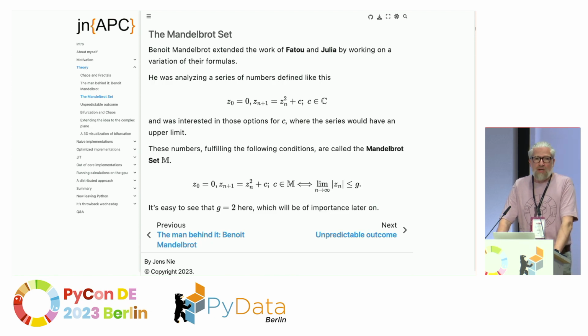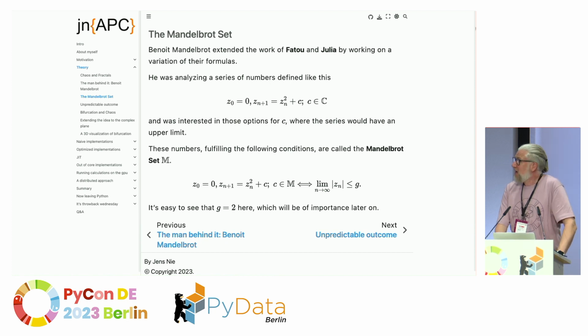And he was using that new interpretation based on the work of Fatou and Julia, using the coordinates in the complex plane for that specific number to add to that formula. So all these numbers that fulfill a special rule, like those in iteration, do not blow up, they do converge. All those numbers, they belong to the Mandelbrot set.